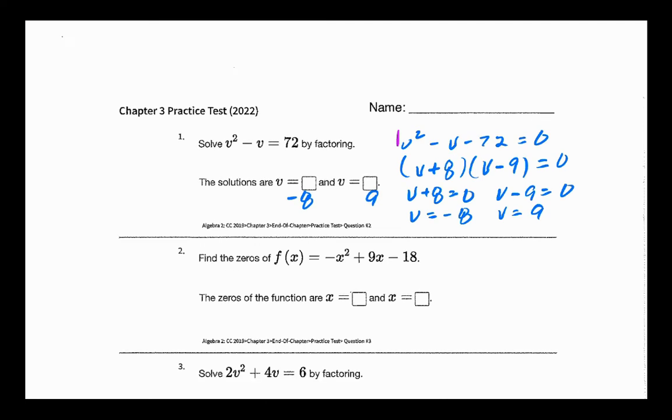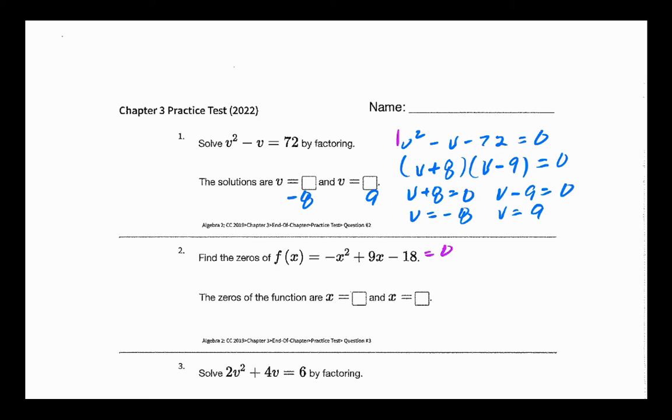On the second one, again, find the zeros of f of x is equal to negative x squared plus 9x minus 18. Excuse me, I was right the first time. And again, I'm going to set that equal to 0. Now on this one right here, ladies and gentlemen, there's a negative in front of the x squared.